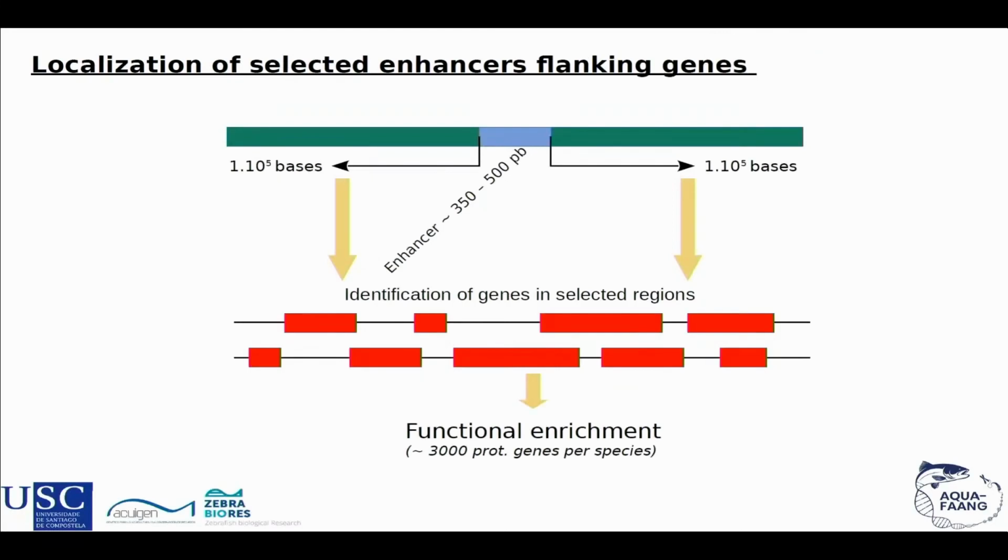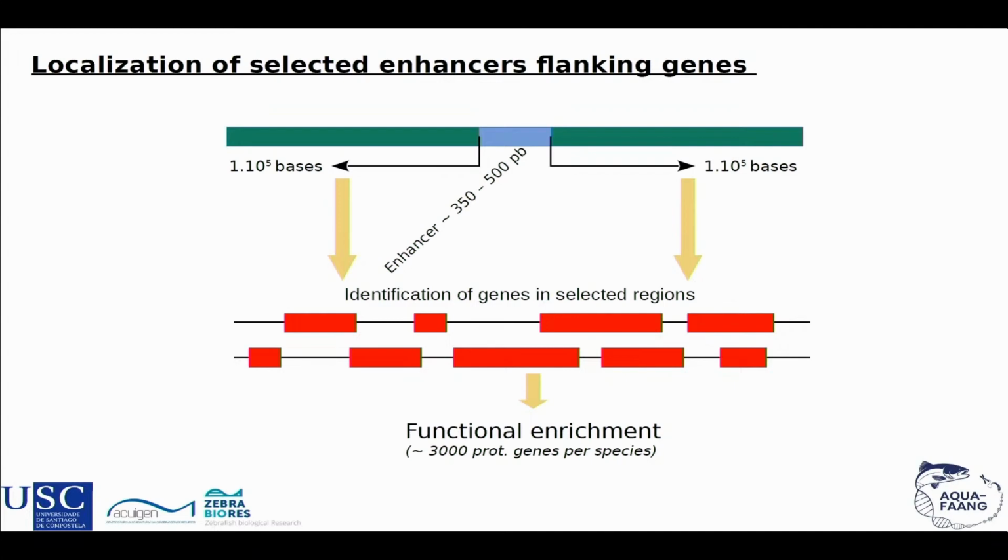Then, to check what was around these enhancers, we selected about 100,000 bases around each of the enhancers for each species and identified the genes in these locations.